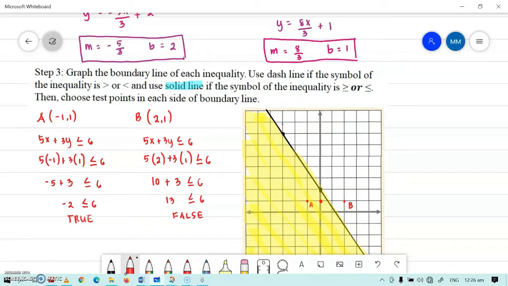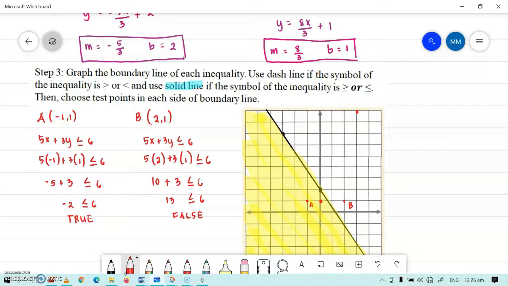Our slope is positive 8 over 3, or 8/3, meaning to say we will rise 8 units up and run 3 units to the right. So from y equals 1, we have 1, 2, 3, 4, 5, 6, 7, 8, and then run 3 units to the right. 1, 2, 3. So the second point is here.